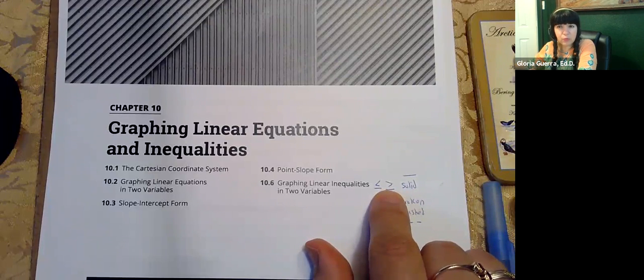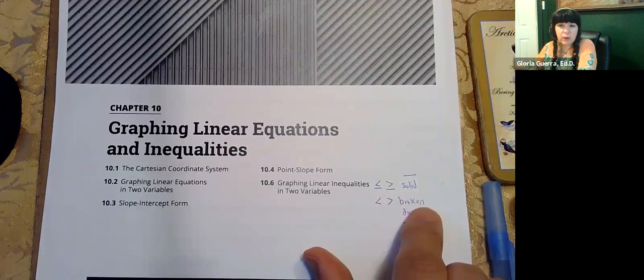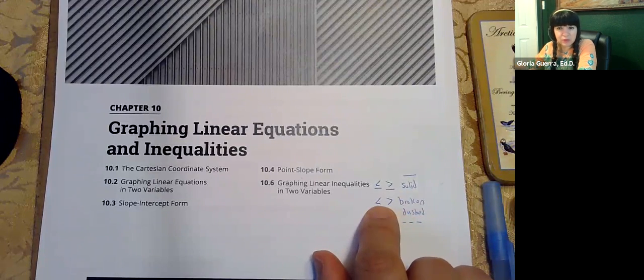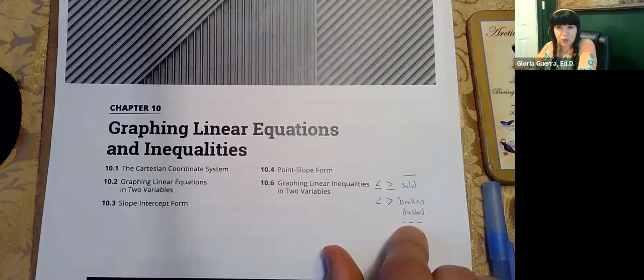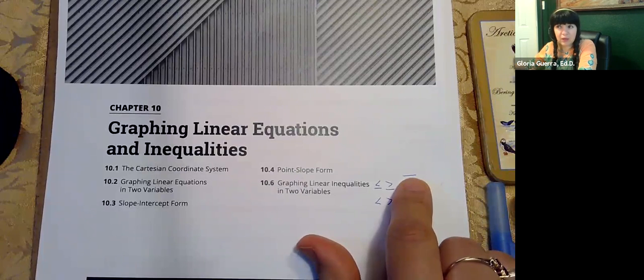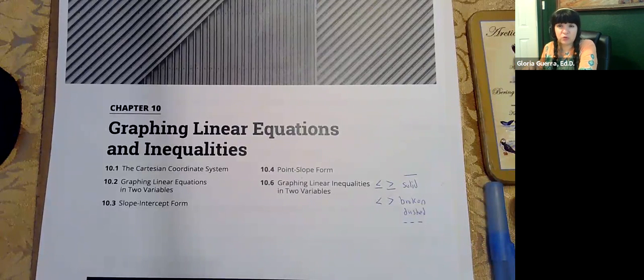It includes those endpoints in your answers and your solutions. Or we'll be drawing broken lines, sometimes they call them dash lines. They look like this because these inequalities don't have the underscore. So they don't actually include those points on the line for the solutions. You cannot include those actual points from a broken line in the solution. Only if it's solid, then those points that are in the line, you can actually include those along with your solution. And then it will involve shading.